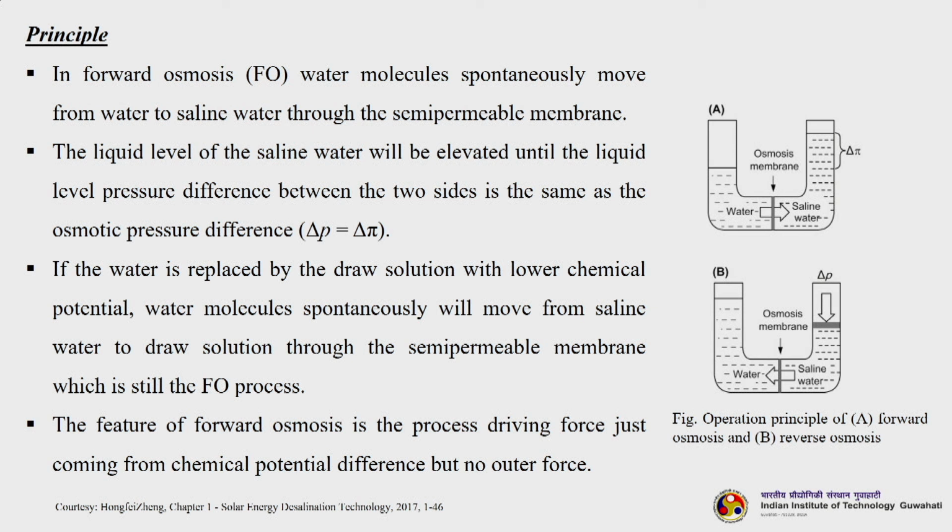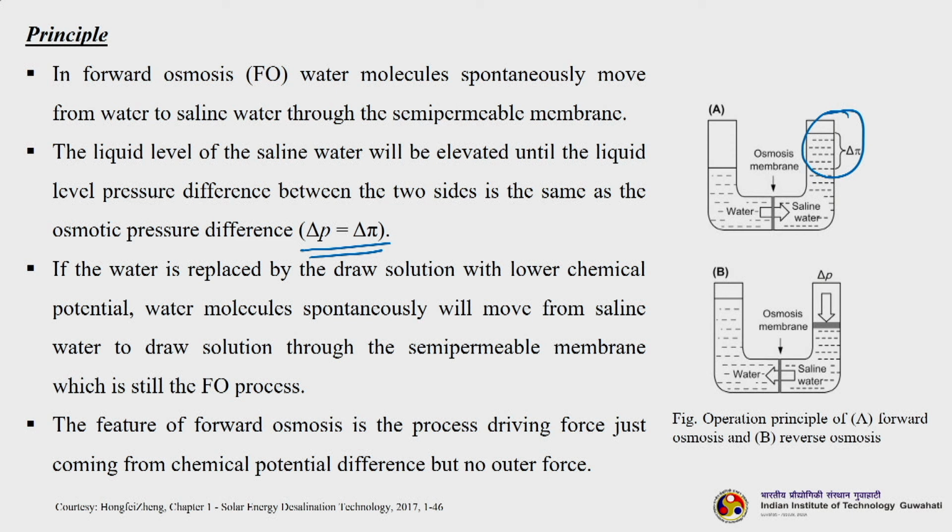The liquid level of the saline water will be elevated until the liquid level pressure difference between the two sides is the same as the osmotic pressure difference. So, delta P becomes delta pi. Everything is happening due to this delta pi. We are not pressurizing the system like in the case of RO.